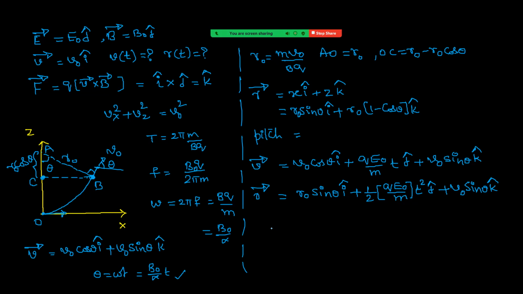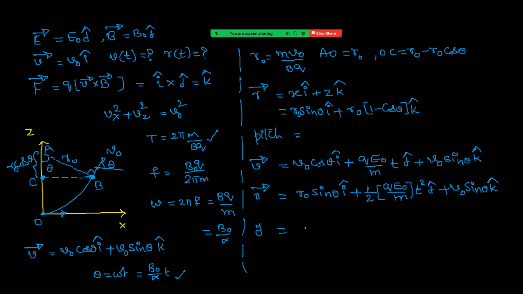Next, one more question: find the y coordinate after n revolutions. Then see what happens. What is the time period of revolution? 2 pi m by bq. He's asking for the y coordinate, so we have to focus on half a t square.